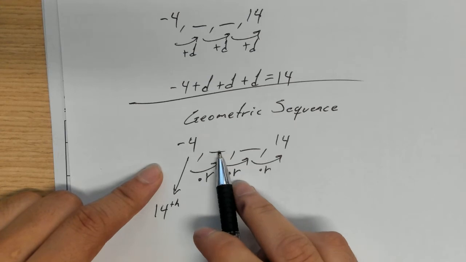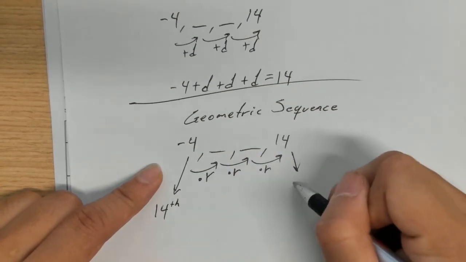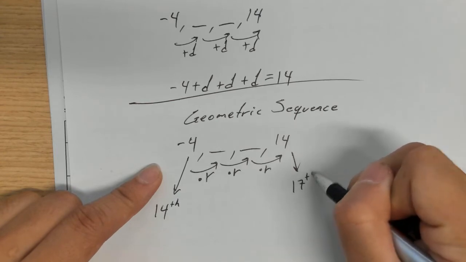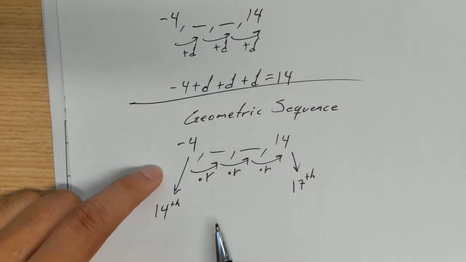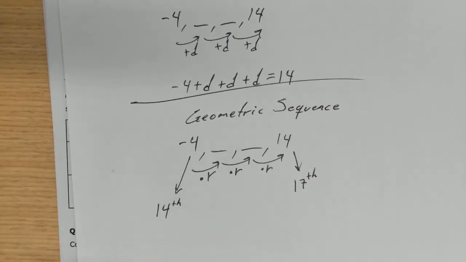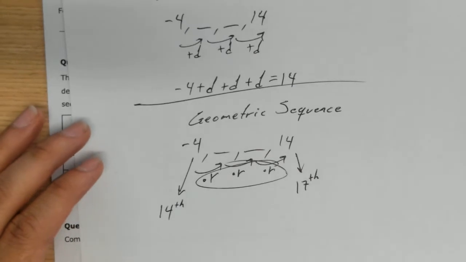So this blank would be the 15th, the next the 16th, and this would be the 17th term, because 14th, 15th, 16th, 17th. Now the question is, how many R's do we have in between 14 and 17? 3 R's, right?